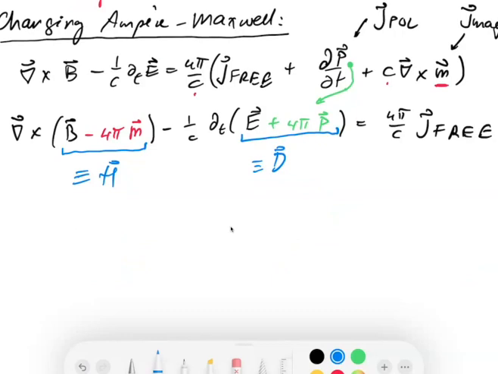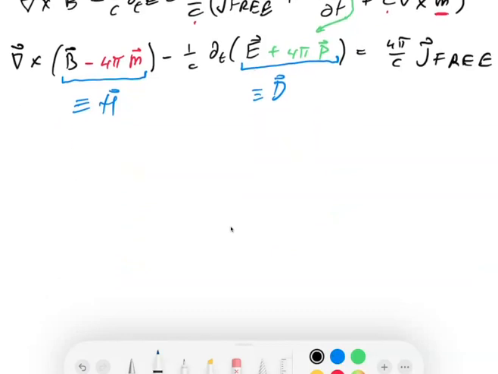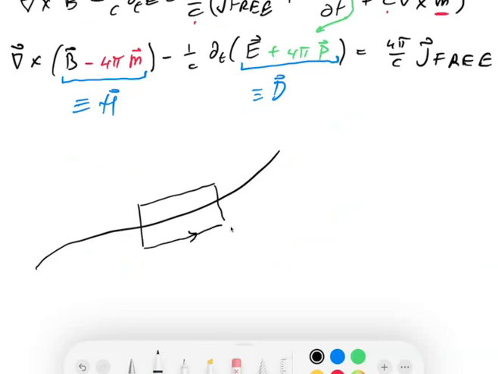And then the boundary condition problems are very similar to before. So let's say you have a little Amperian loop here, and you have a boundary between a medium 1 and a medium 2.